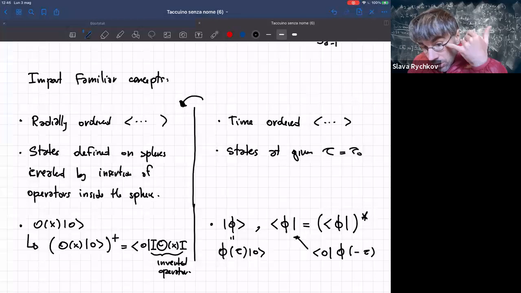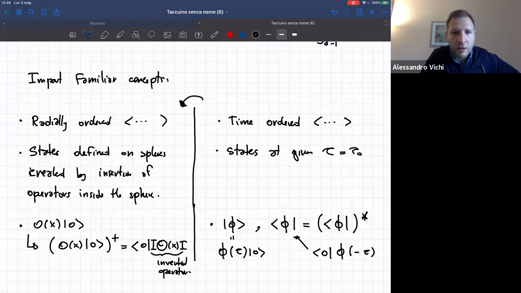Alessandro, can you see questions on chat? There's a question from Changu. Okay, very good. In 2D, 1 plus 1, the same transform to cylinder. I'm not sure I understand the question.